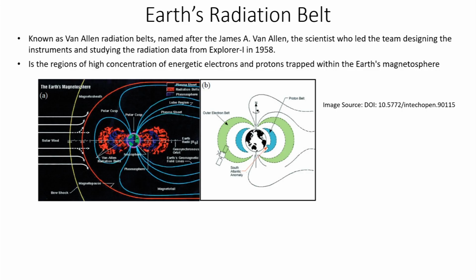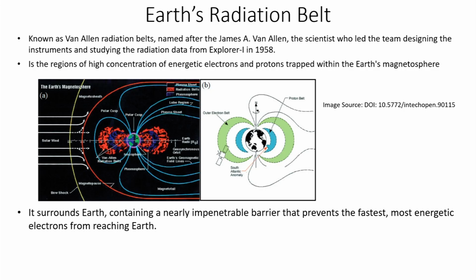As can be seen, we already explained how the solar wind is coupled to our Earth's magnetosphere. Whenever there is solar wind, our Earth's magnetosphere offers an impenetrable barrier that prevents the fastest and most energetic electrons from reaching us.